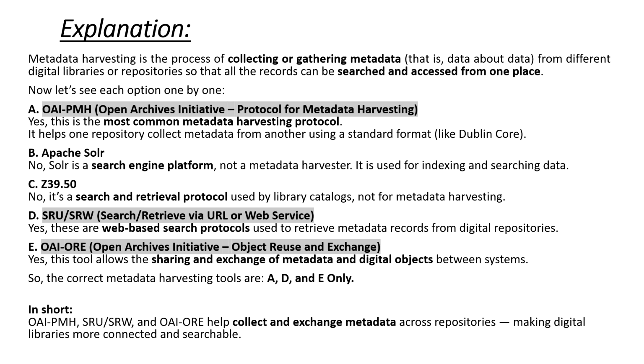Last is OAI-ORE, Open Archives Initiative Object Reuse and Exchange. This tool allows the sharing and exchange of metadata and digital objects between systems. So the correct metadata harvesting tools are A, D, and E, that is OAI-PMH, SRU/SRW, and OAI-ORE.